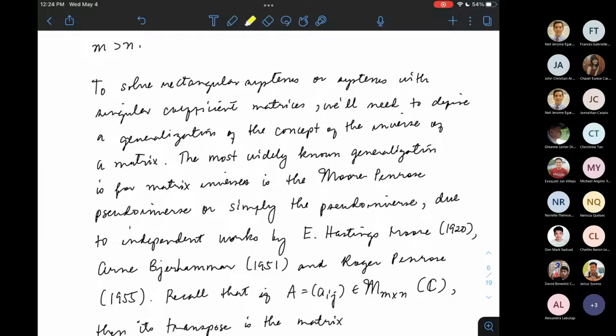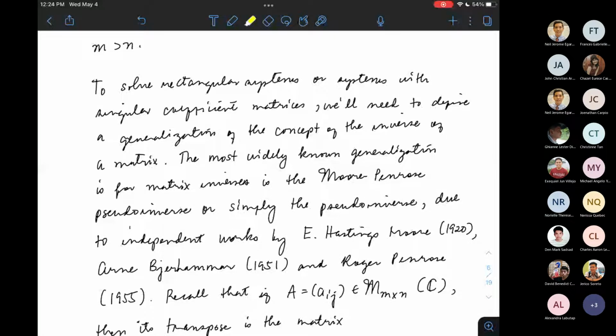At hindi na rin gagana yung iterative methods the way we described it before, kasi yung splitting methods na diniscuss natin under our iterative section ay nagre-require ng diagonal part, which should be invertible. So in the case of rectangular systems, hindi natin pwedeng magamit without substantial modifications yung mga previous methods.